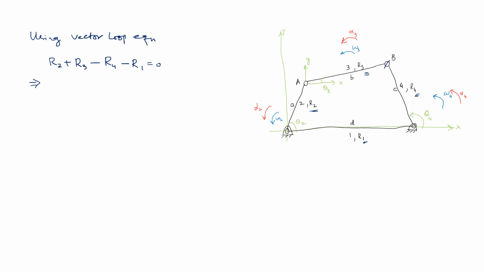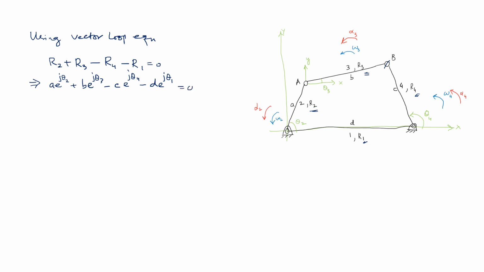So if we use the notation that we have been using previously, we will say that R2 is equal to A e raised to power j theta 2 plus B e raised to power j theta 3, which is R3, minus C e raised to power j theta 4 minus D e raised to power j theta 1, which is actually equal to 0.